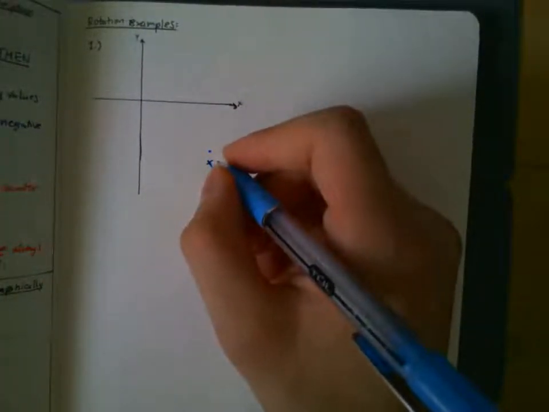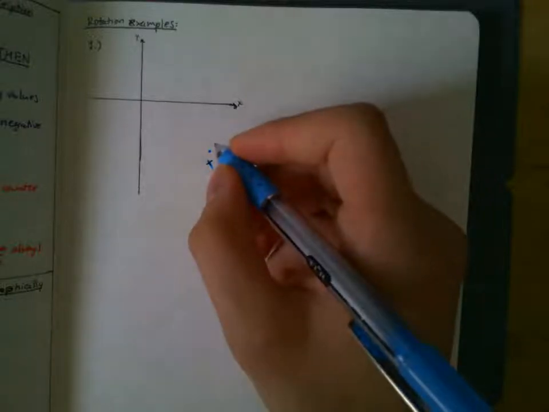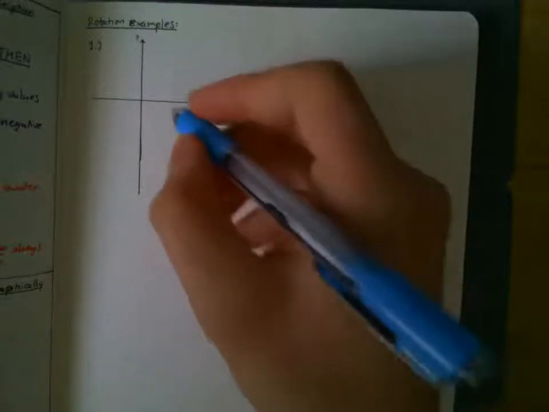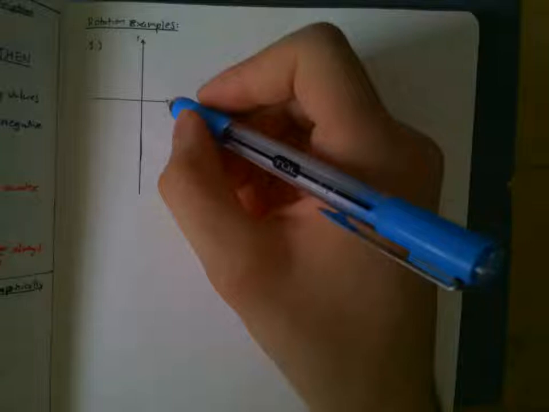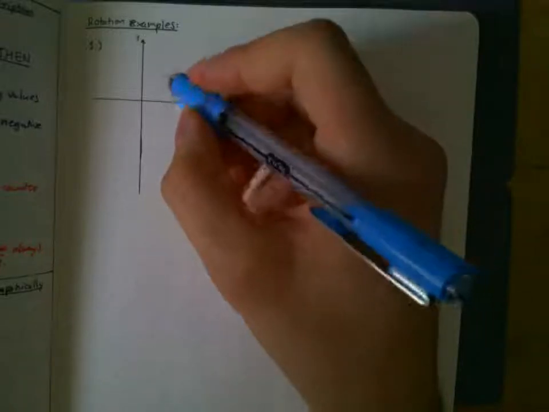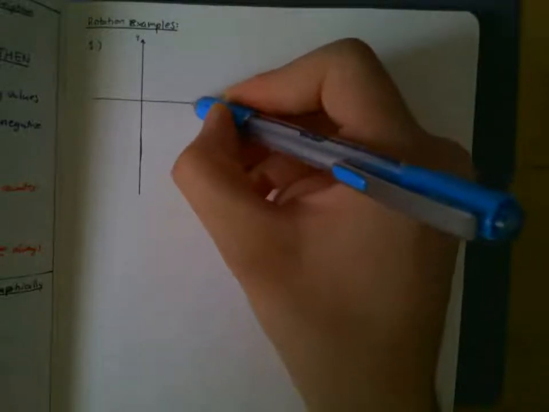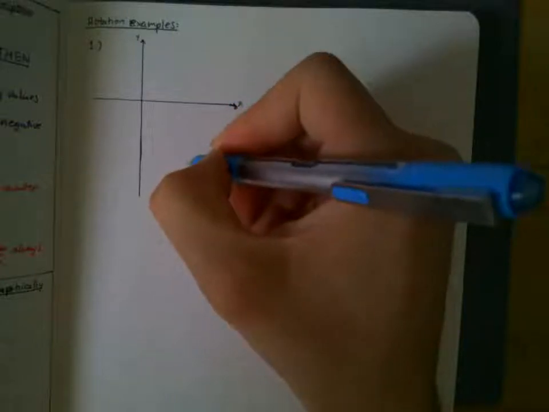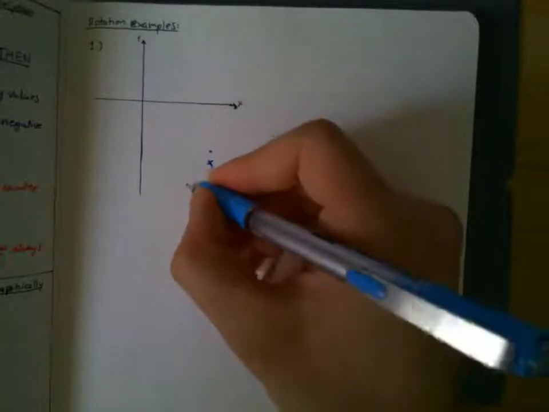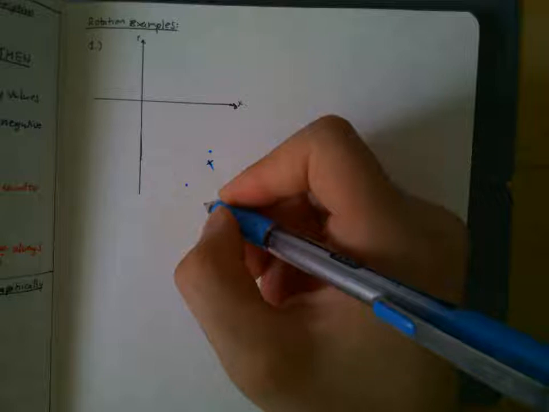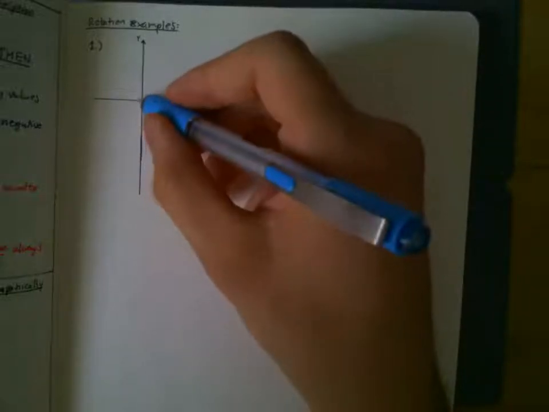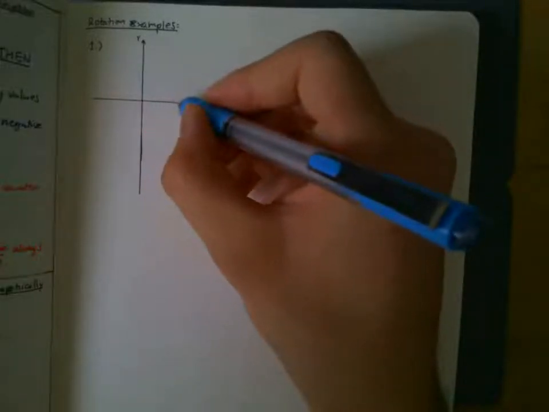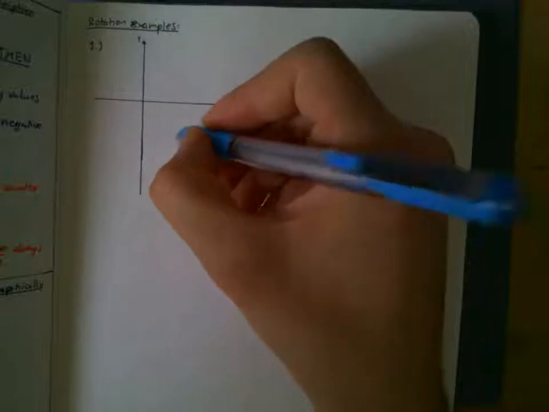So we're going to go to 5, 5. We're going to go to 4, negative 7. So 1, 2, 3, 4, 1, 2, 3, 4, 5, 6, 7. And then 3, negative 3. 1, 2, 3, 1, 2, 3.